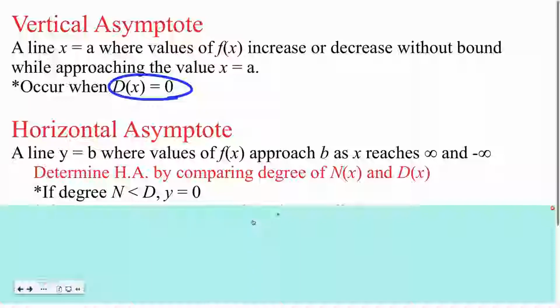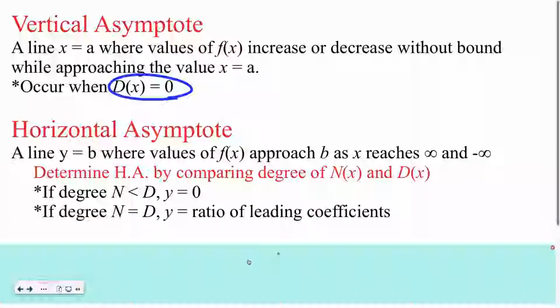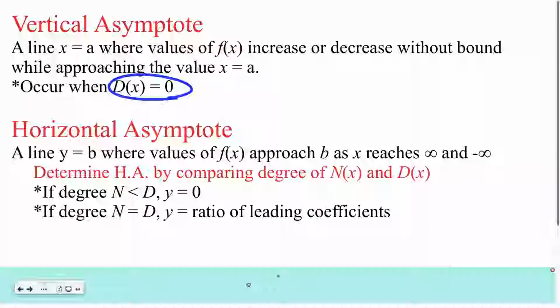Does anyone remember what the rule is if we have the same degree? Yeah, very good. If the degrees are the same, then y equals whatever the ratio of the leading coefficients are.